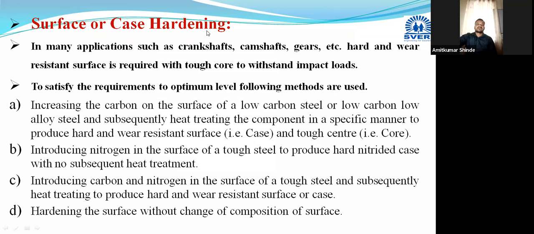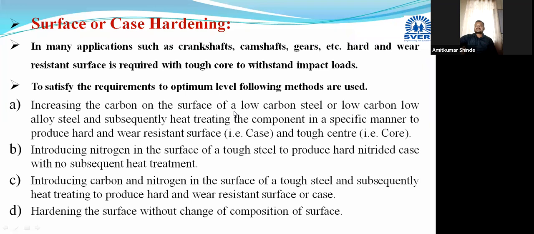Okay, I will summarize it now. In today's session, we have completed surface or case hardening. As we all know, in some components like crankshaft, camshaft, or gears, we require a hard and wear resistant surface and a tough core.